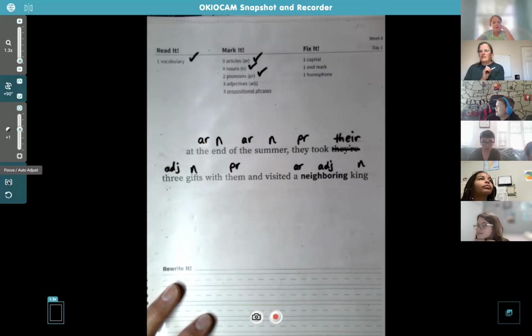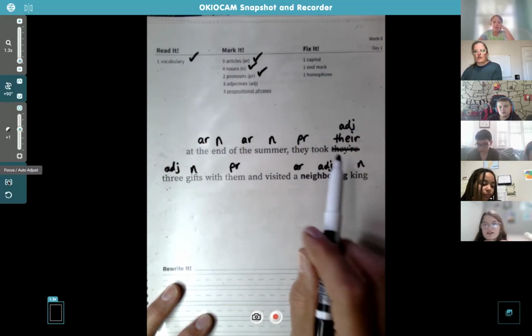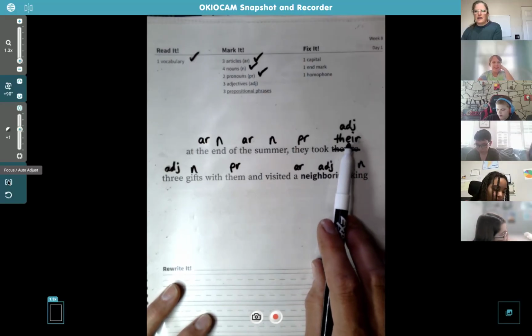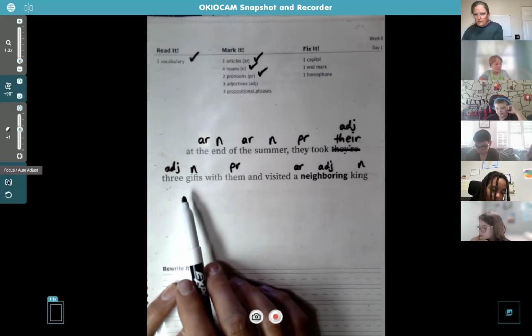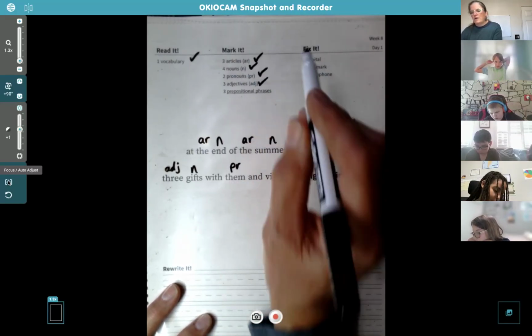Does that make sense, Eris? Or the gifts belong to the knight. Yes, true. But in the sentence, we're looking for the word that represents that. Okay. You're right. So it's their gifts. So that's why that's an adjective. All right. Good job, Eris.